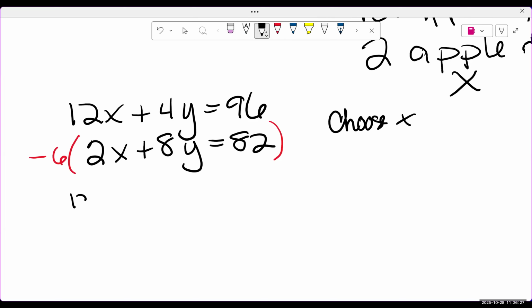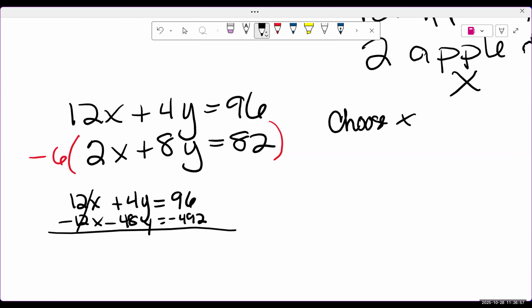So we're going to bring the top down. And then the second equation becomes negative 12X minus 48Y is equal to negative 492. So now I'm set. I can add down and my X's will cancel.